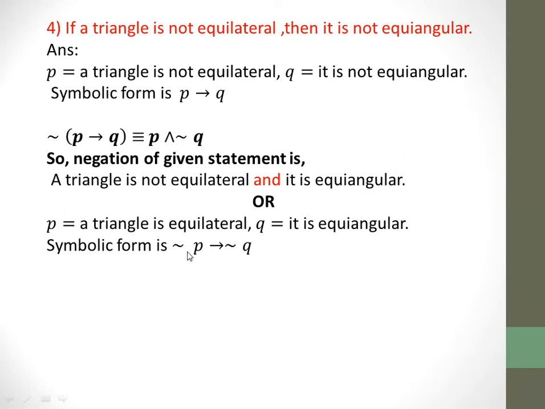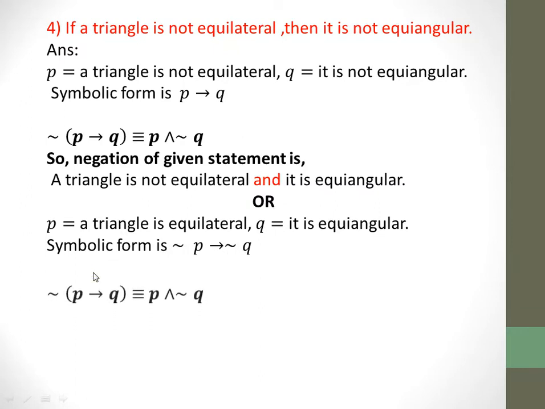It becomes negation P implies negation Q, because we have selected P as "a triangle is equilateral", while actually it is given that a triangle is not equilateral. Okay, then the symbolic form is negation P implies negation Q.